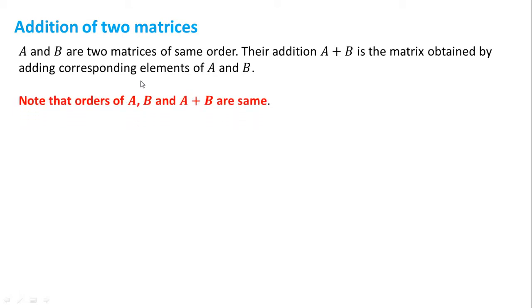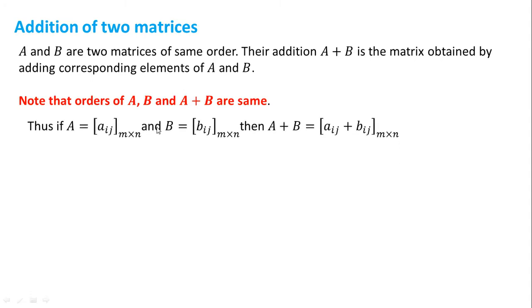Now note that the orders of A, B and A plus B are the same. So the resultant matrix A plus B has the same order as A and B. Symbolically, how will you express this?